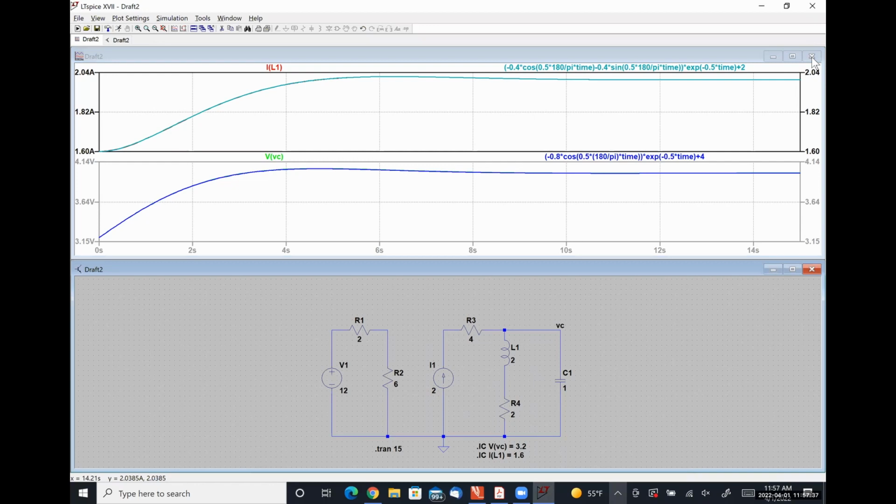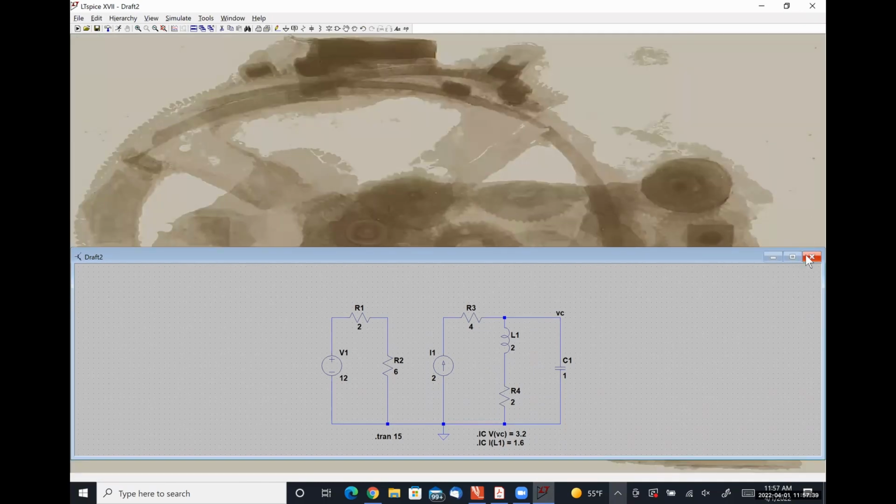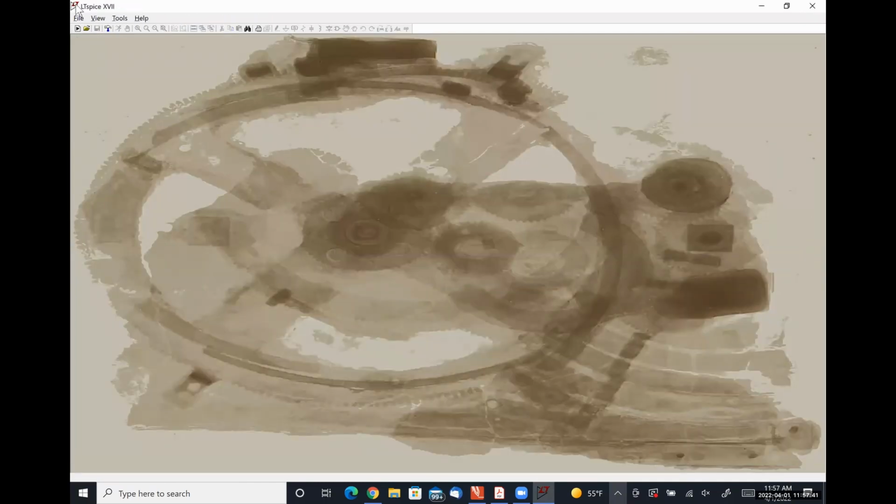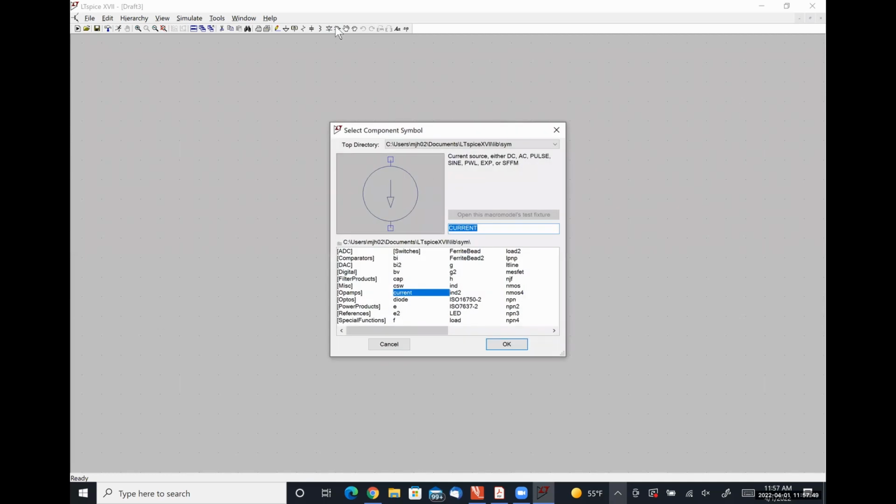So I'm going to delete this, delete this, new thing. So we've just got our voltage source.